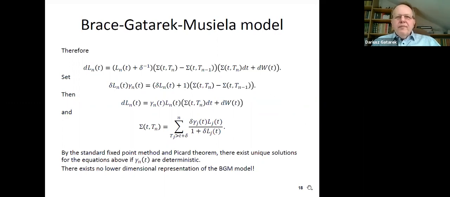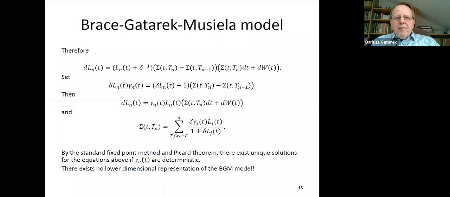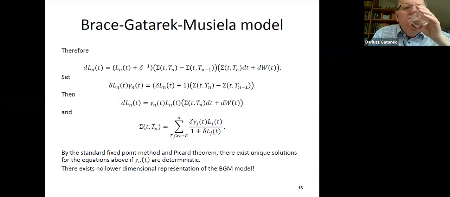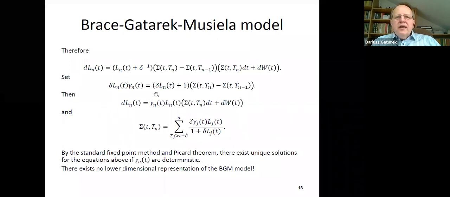Okay, so now, having this formula, Libor market model, let us assume that volatilities gamma, so Libor volatilities, are deterministic functions. So if we make this assumption saying that these functions are relatively smooth, or at least continuous, we may use standard fixed point and Picard method to prove there exists a unique solution to the Libor equation.